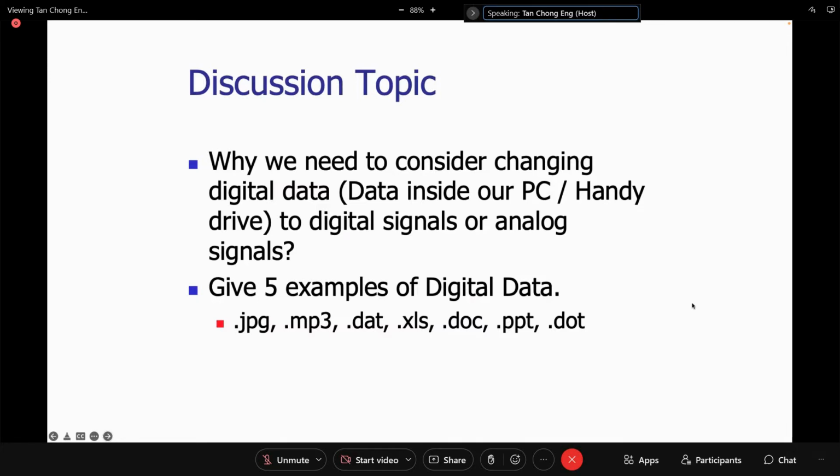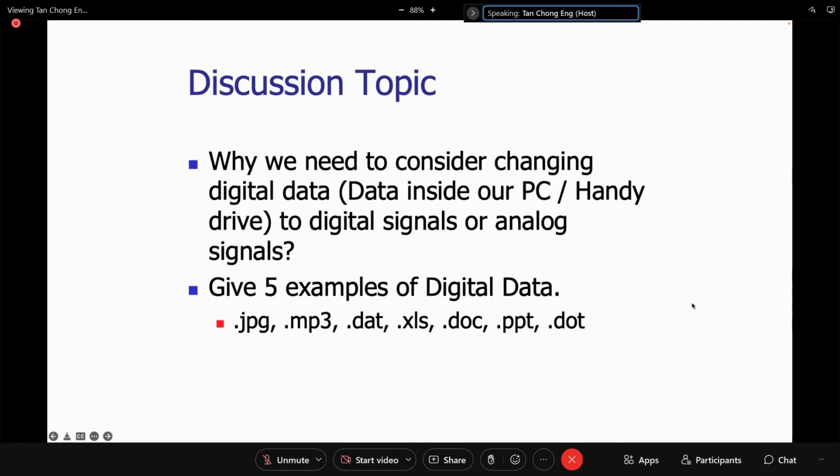As I mentioned in the early learning units, anything generated by a computer-related system is digital data. For example, your picture in JPEG, your MP3 file, your Excel file, your document file, your PowerPoint, and all the stuff. Those are digital data, and they take the format of 1 and 0.